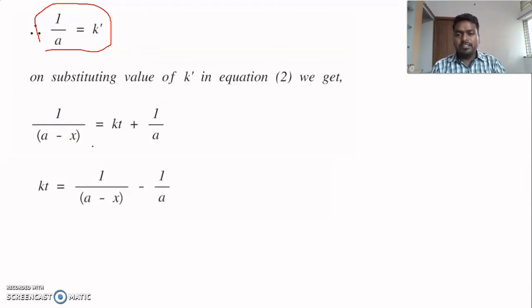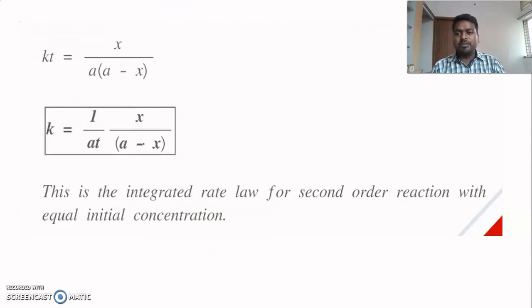If you rearrange this equation, take kt to the LHS and send 1 by (a minus x) to the right hand side, after rearranging you get kt is equal to 1 divided by (a minus x) minus 1 divided by a. Simplifying by taking LCM, you get kt is equal to x divided by a into (a minus x).